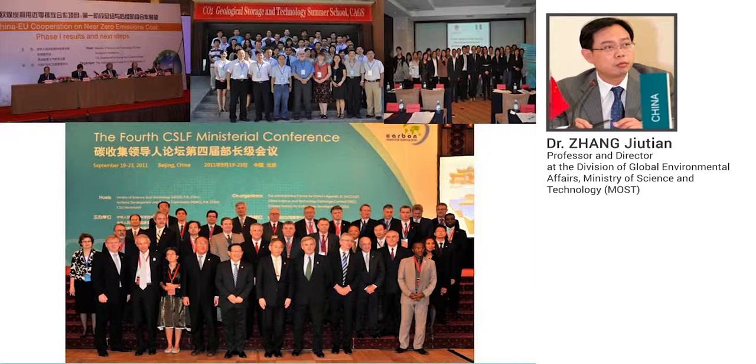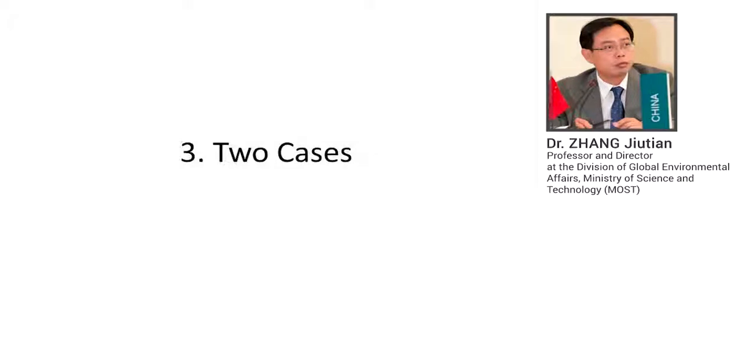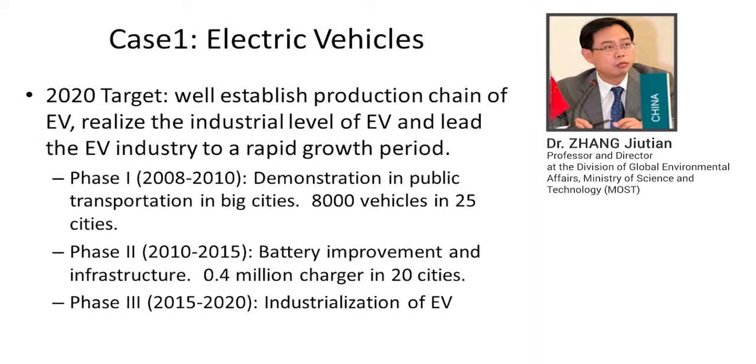And now I'd like to introduce two cases. One is about electric vehicles. China started to support electric vehicles 20 years ago, and now you could say we have a three-phase strategy. Phase one is to demonstrate in public transportation in big cities.